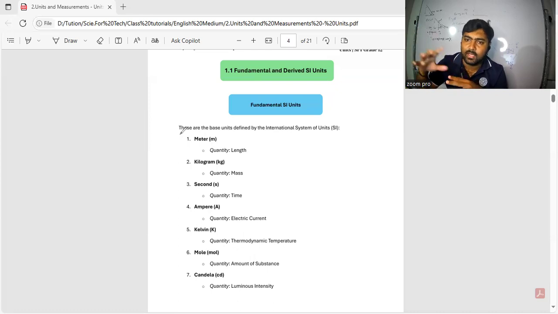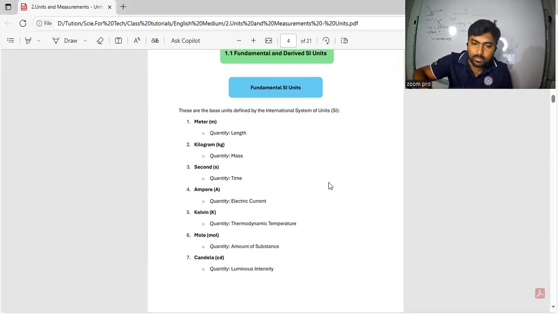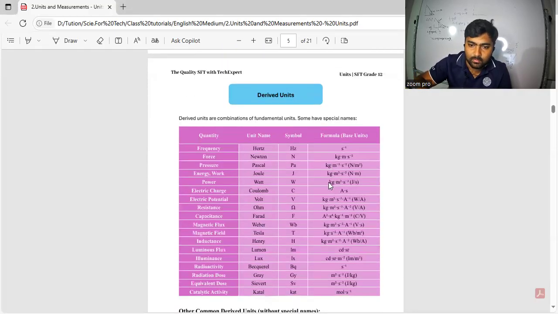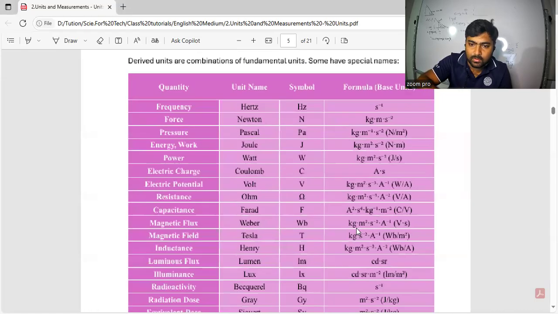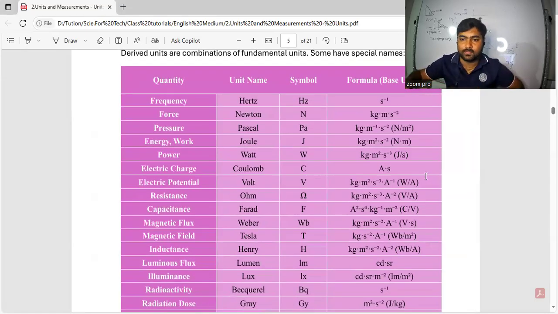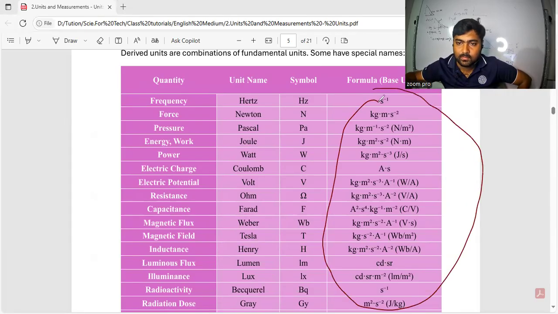You can build any kind of unit using these. Can you look at this part? All these units are formed by basic fundamental SI units.